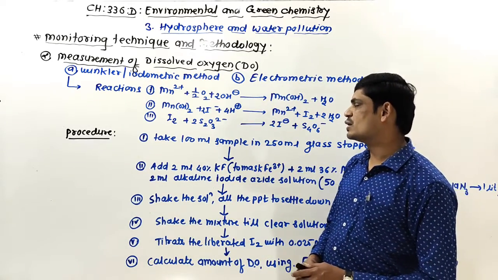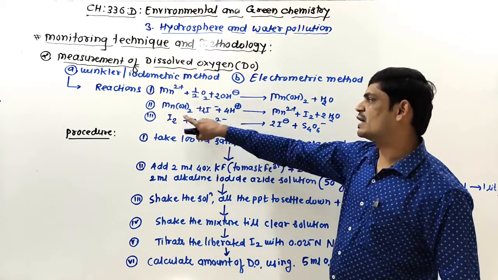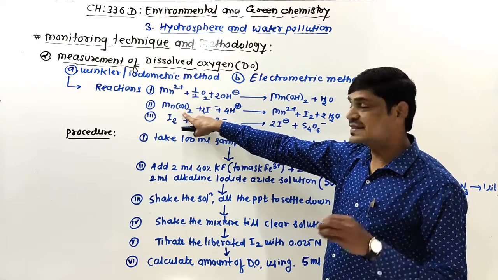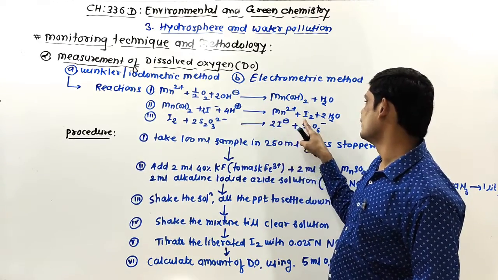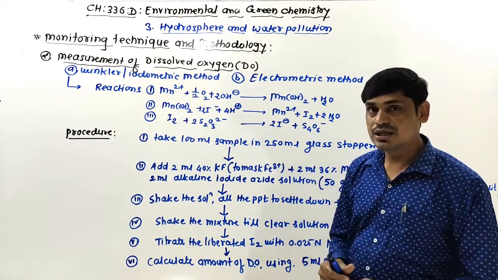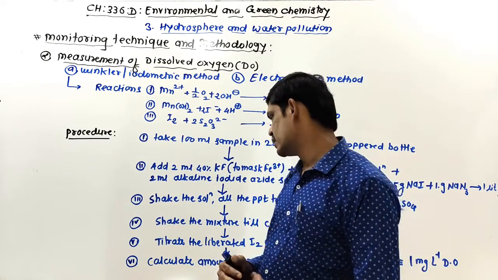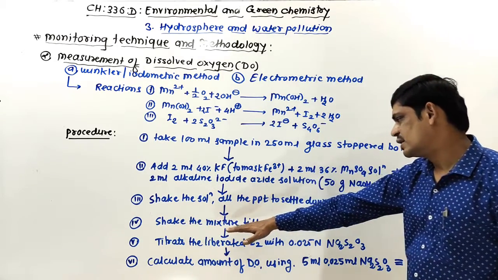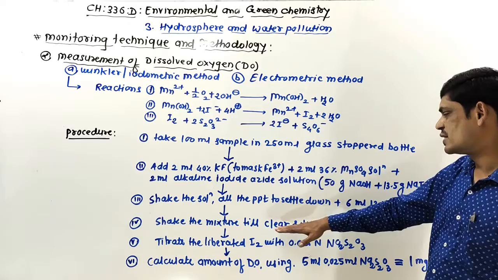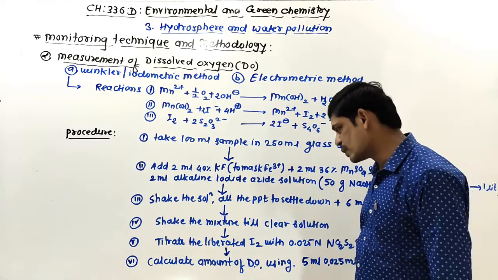Obviously, due to addition of the acid, the precipitate of Mn(OH)2 will get dissolved and it gets converted into Mn2+ with the liberation of iodine. Here we will get a clear solution, and therefore in the next step we shake the mixture till the clear solution is obtained.